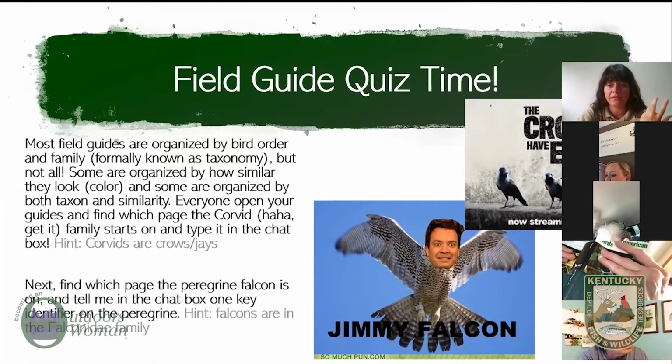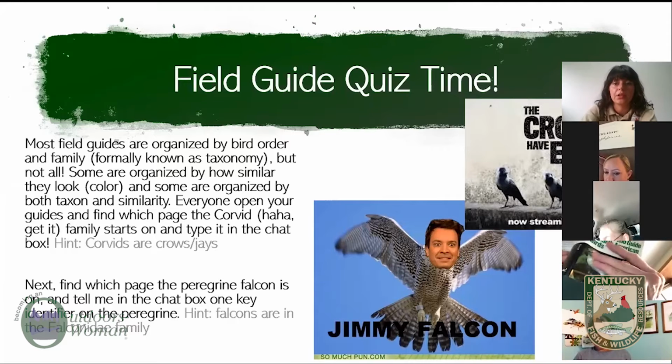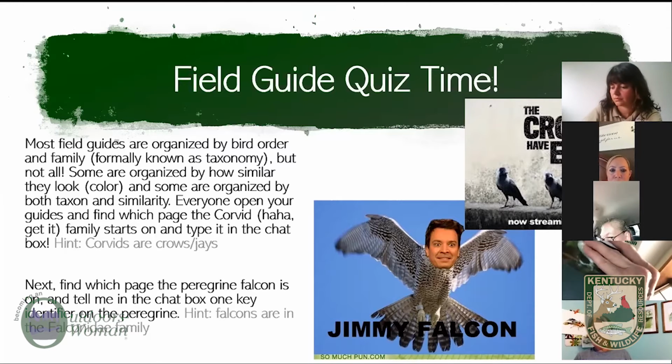If you don't have your field guide and you want to download that real quickly, please feel free to do so while everybody's looking. And under falcon, peregrine falcon is what you're looking for. And then tell me a key identifier. There should be a couple of different options for that one.